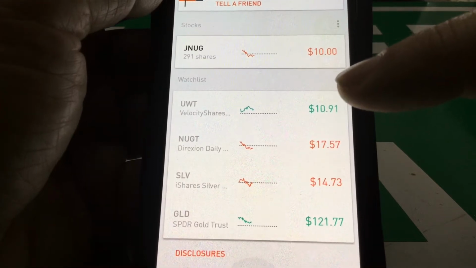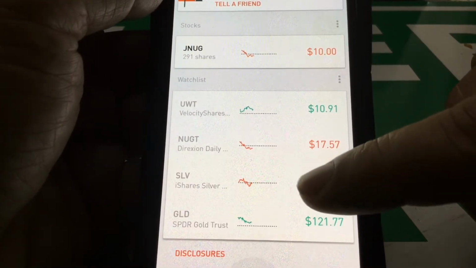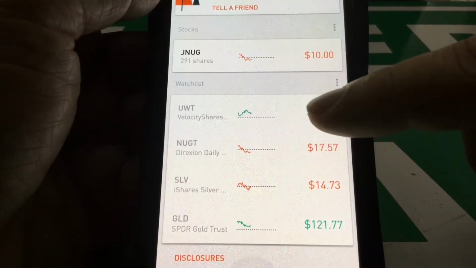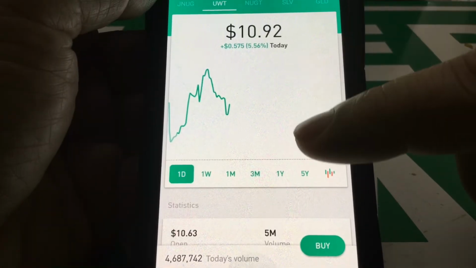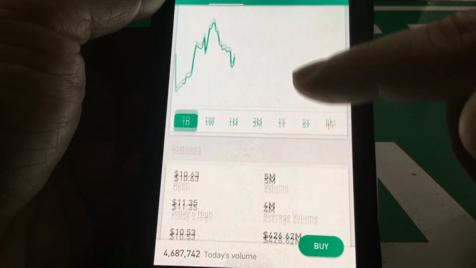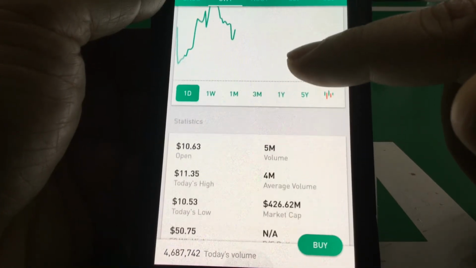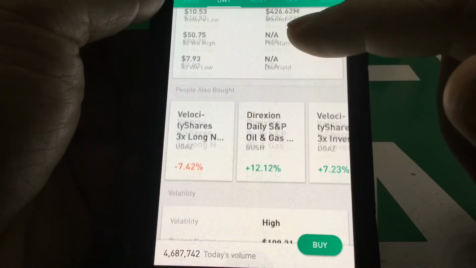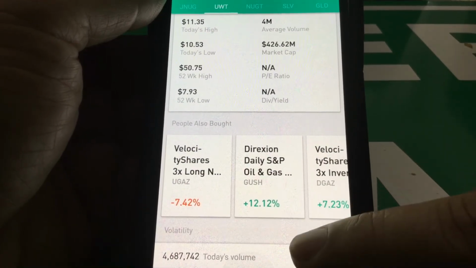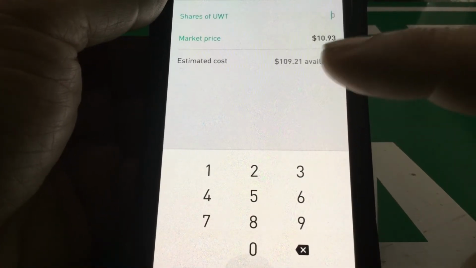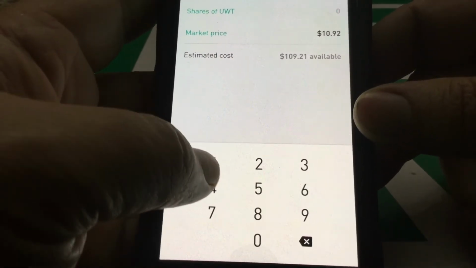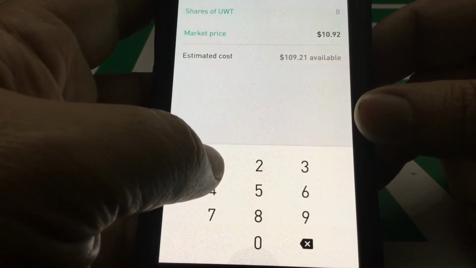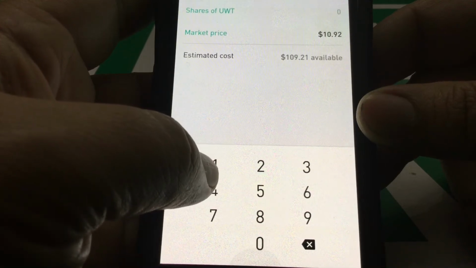So let's see here. I'm going to make a purchase. I think oil is going to be coming back up. So instead of buying what I just sold, I'm going to get into something else. So we're going to hit a buy order. Okay. So I have $109 available, right? I don't think I'm going to be able to buy 10 shares because it's at 10.92 right now.